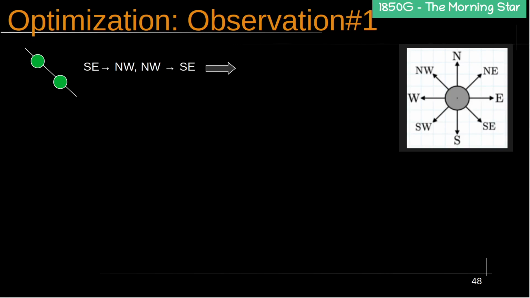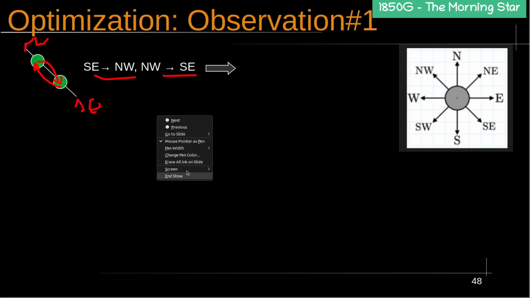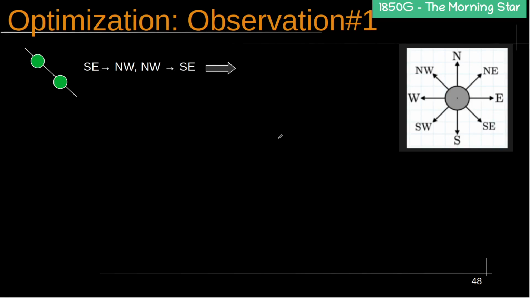For example, from southeast to northwest, this is the first direction, and the other direction from northwest to southeast, as you see here. So in total, for these 2 points, I have 2 directions.